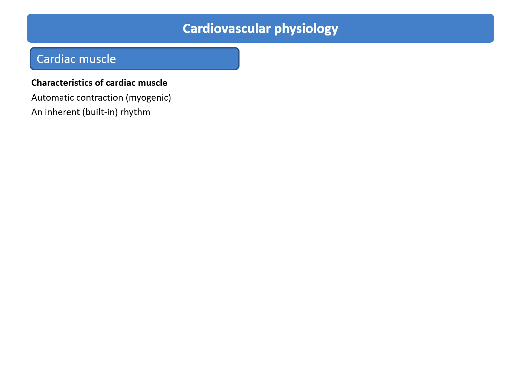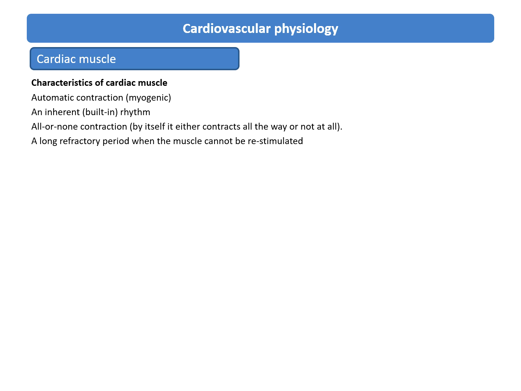The heart has an inherent rhythm, a built-in rhythm, and it exhibits all or none contraction. That is, when it's stimulated to contract, it contracts all the way, or it does not contract at all. It has a long refractory period when the muscle cannot be re-stimulated. The refractory period is different. In the atria, it's 1/10 of a second.